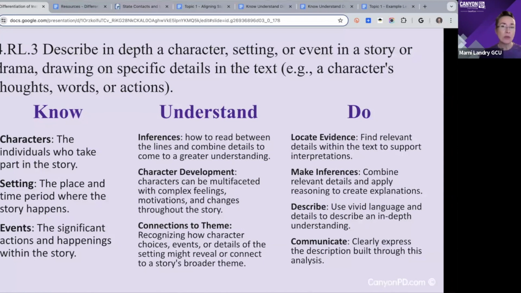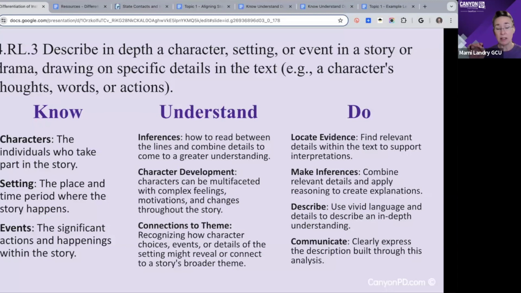However, if we don't concretely teach them what they need to know and what they need to do, they will never fully get to the understand. So this may feel tedious, to back up from the major understanding and break it down to know and do. But once you do this in detail for your anchor standards, it will become much clearer how to write your learning objectives.